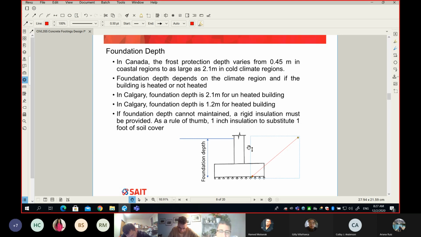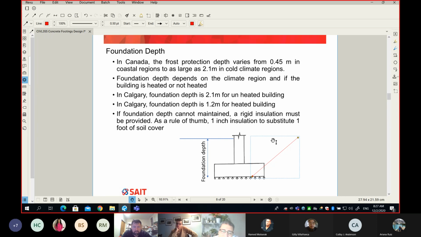Typically, it's not 1 millimeter. It will never be less than 30 centimeters, because even if you have a rock here, the first 1 foot is typically very weak because of weathering. So we typically never even use the first 1 foot, because it's very weak.